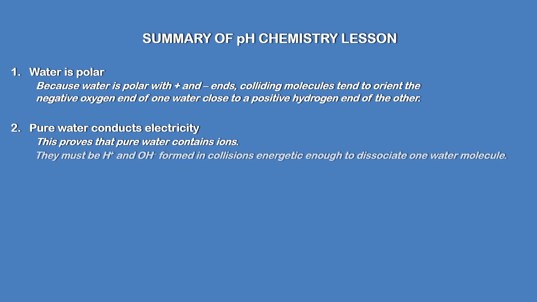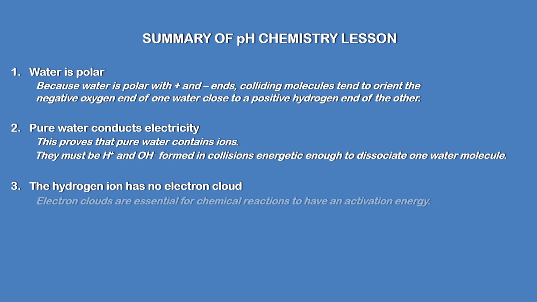They must be hydrogen ion and hydroxyl ion, formed in collisions energetic enough to dissociate one of the colliding water molecules. And third, the hydrogen ion has no electron cloud. Electron clouds are essential for chemical reactions to have an activation energy.